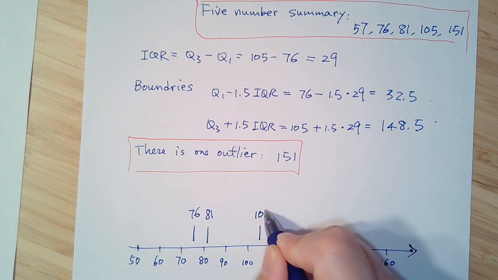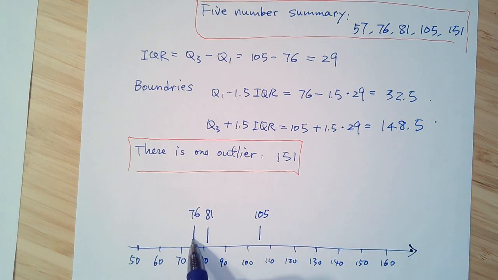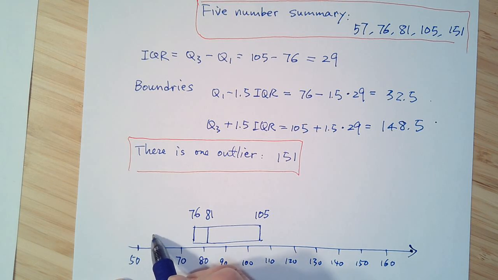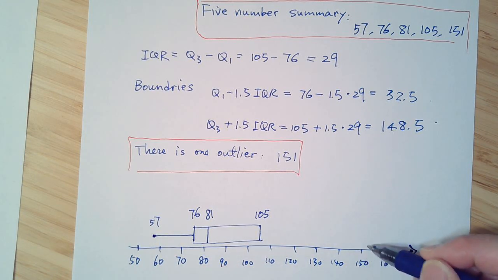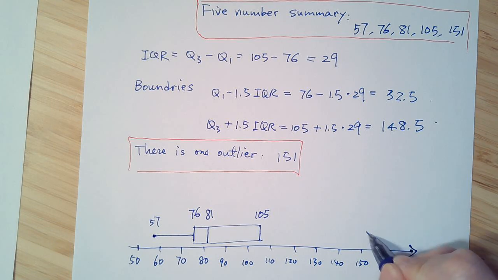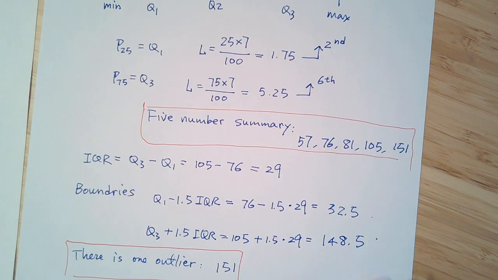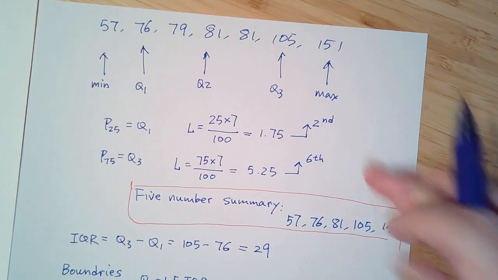Then I got this box, okay? And the lowest value we have is 57, which is right here. And then I connect, and I write 57. So that shows you this whisker. And on the right side, I have 151, which is an outlier. So for 151, I put a star. All right, now after 151, my next one is the same as this Q3.